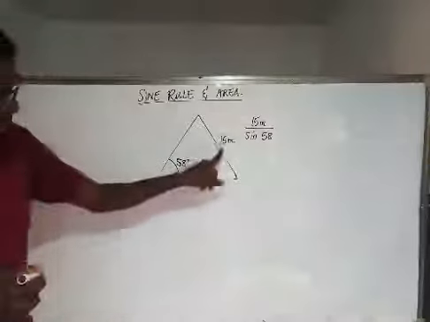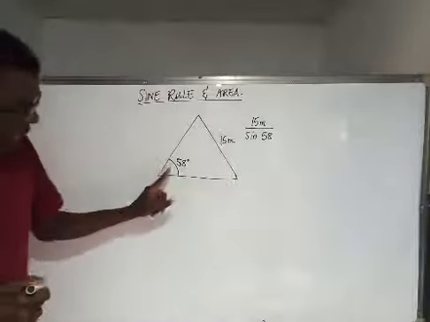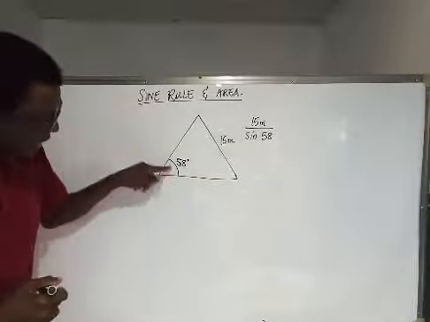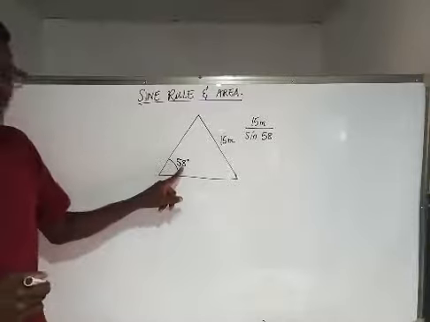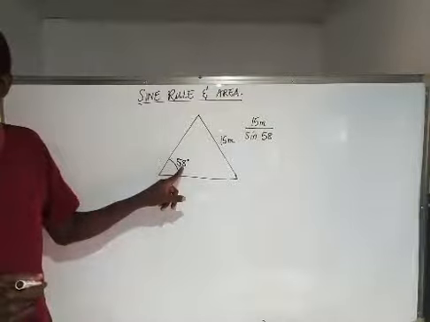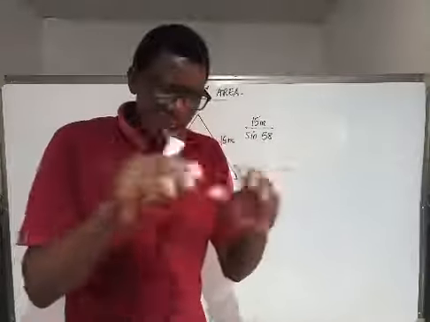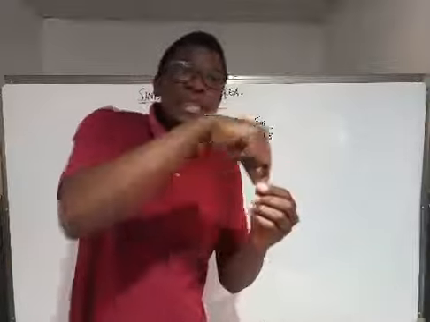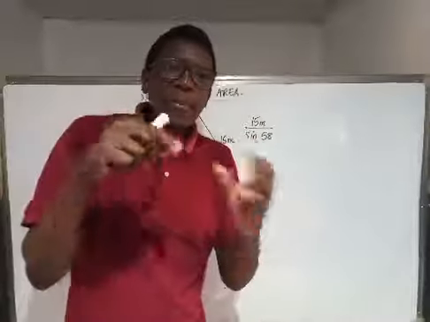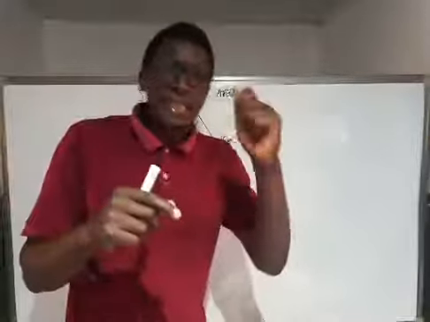That's what the sine rule is all about. You are comparing the length of a side with the size of a particular angle in sine form.